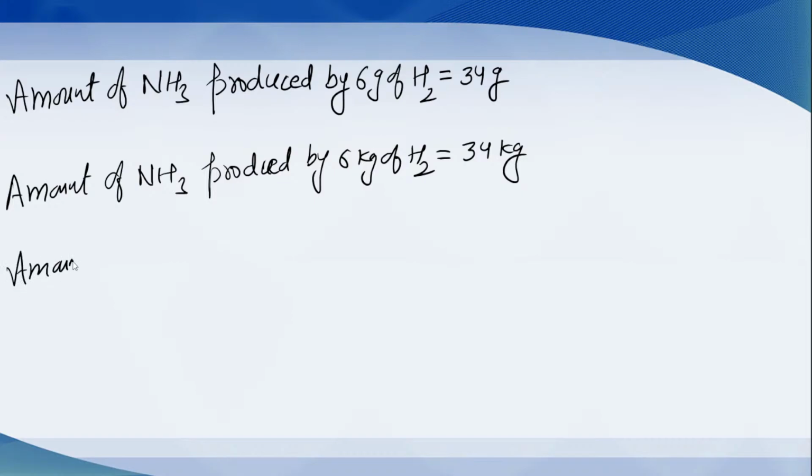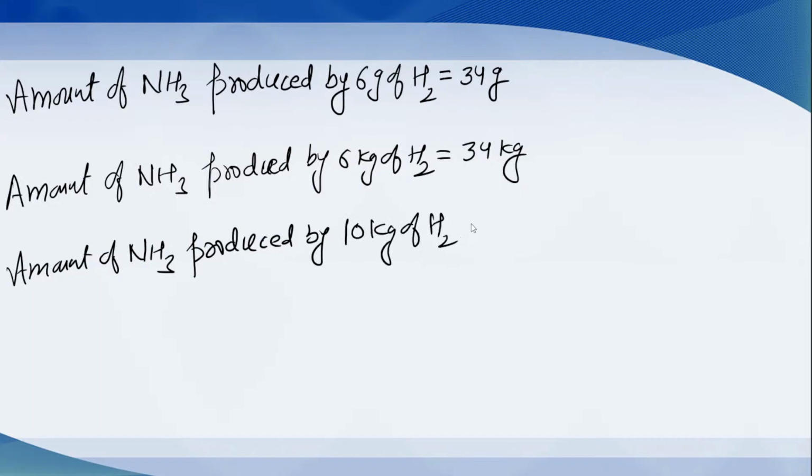So the amount of ammonia produced by the given 10 kg of hydrogen is 34 over 6 into 10, that is 340 over 6, which comes out to be 56.67 kg.